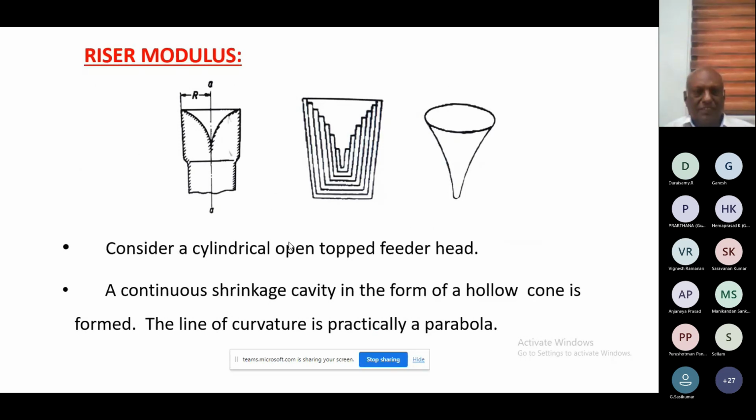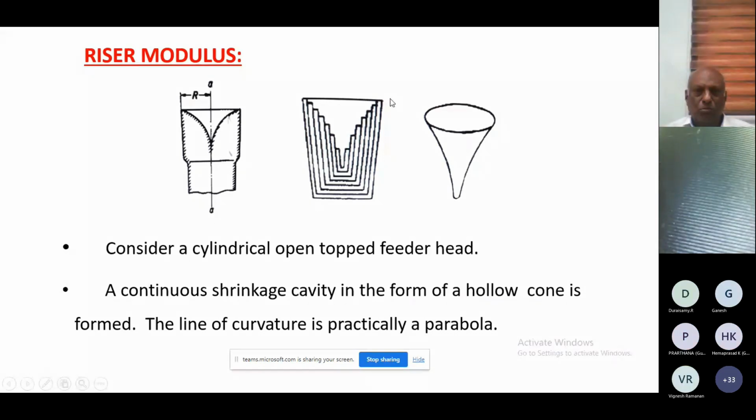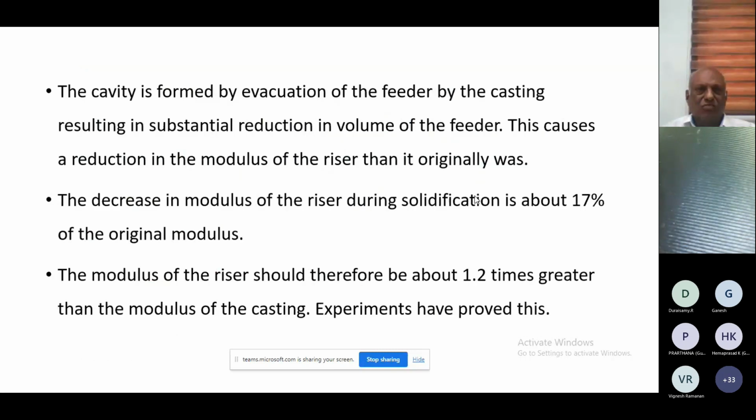Riser modulus. Consider a cylindrical open-topped feeder head. A continuous shrinkage cavity in the form of a hollow cone is formed. A hollow cone is a cone removed. The line of curvature is practically a parabola. The cavity is formed by evacuation of the feeder by the casting, resulting in substantial reduction in volume of the feeder.